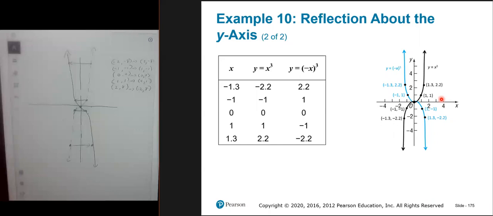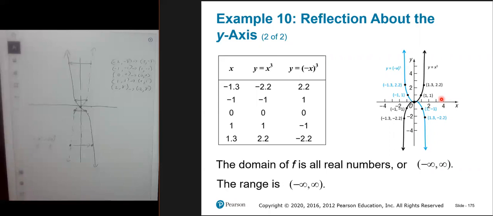So the negative of x cubed is going to look exactly like the other. Those two are the same thing. So this is a reflection about the x-axis, and this one's a reflection about the y-axis, and the graphs are going to look exactly the same, although how you get the numbers is different.